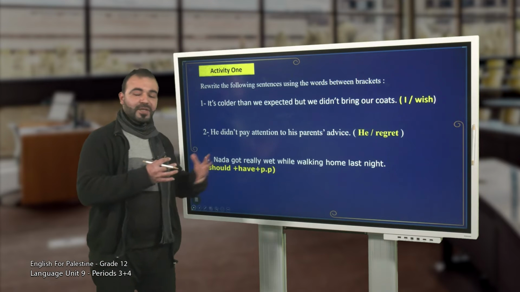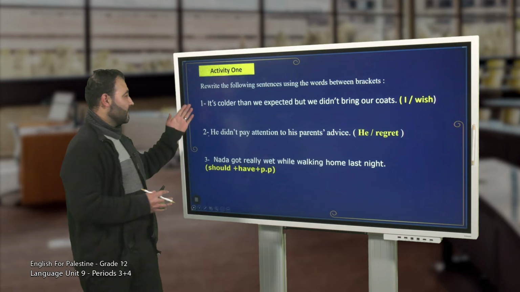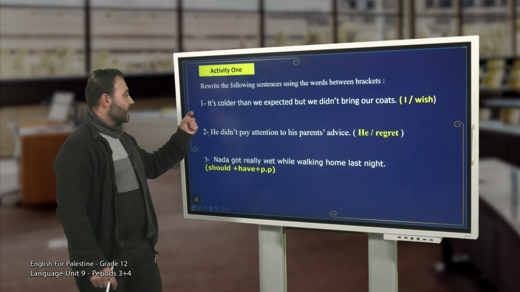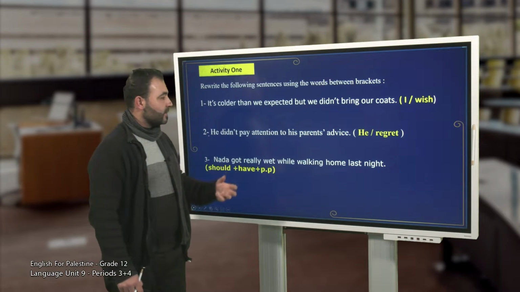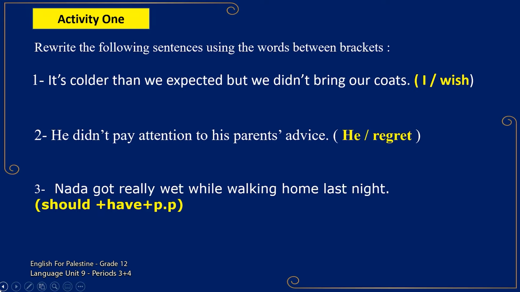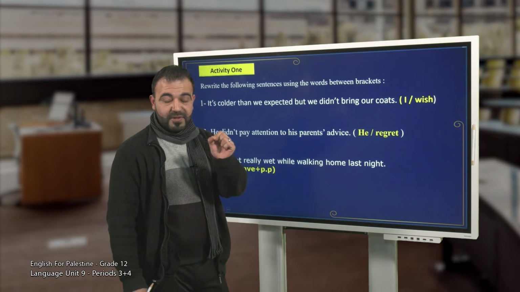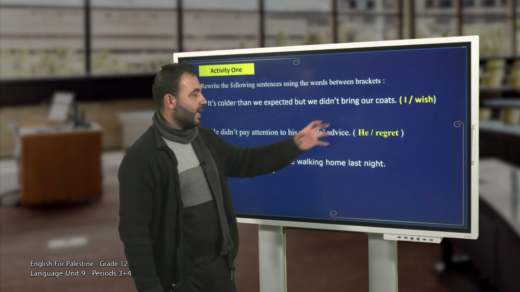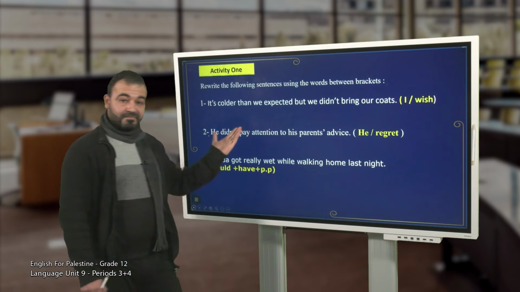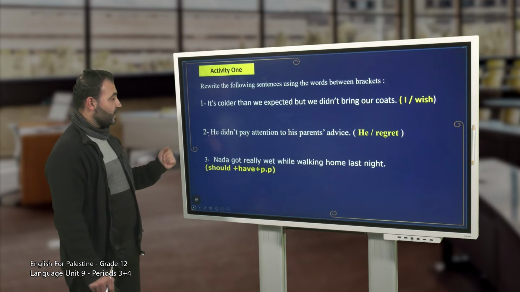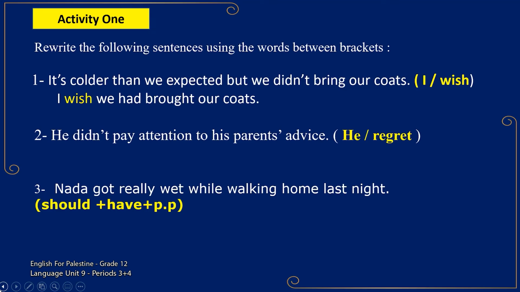Please now pay attention and check up your answers. Sentence number 1. It's colder than we expected, but we didn't bring our coats. We have to use the subject I and the verb wish. And the correct answer is I wish we had brought our coats.